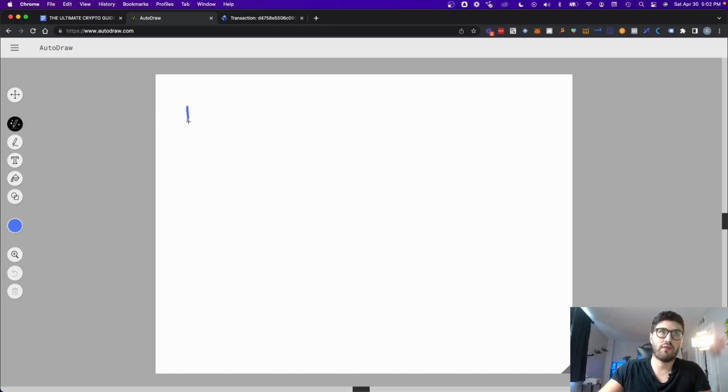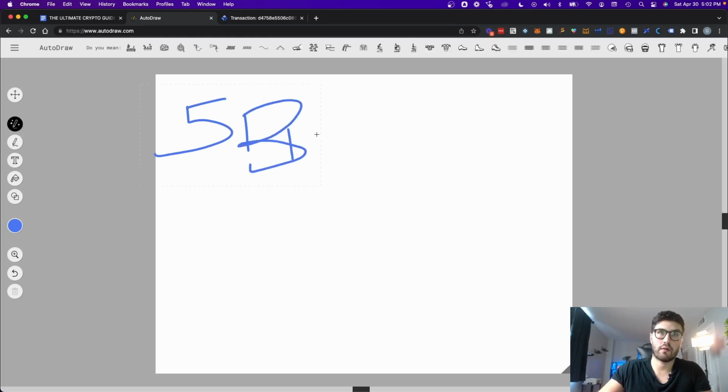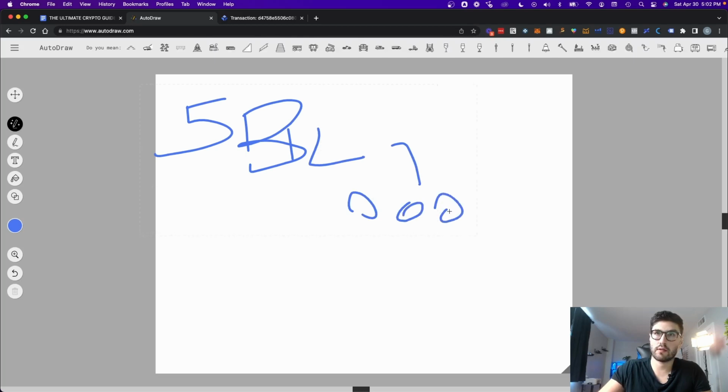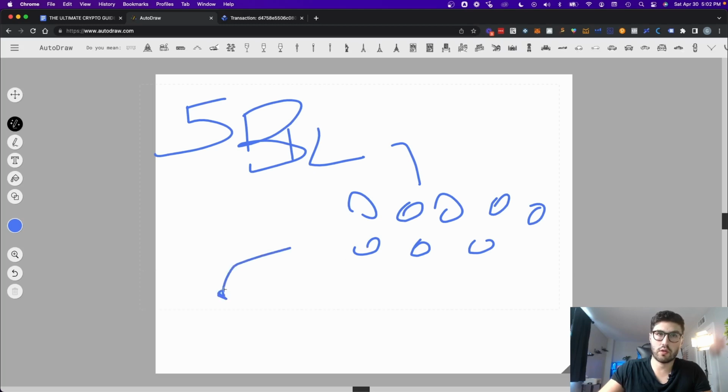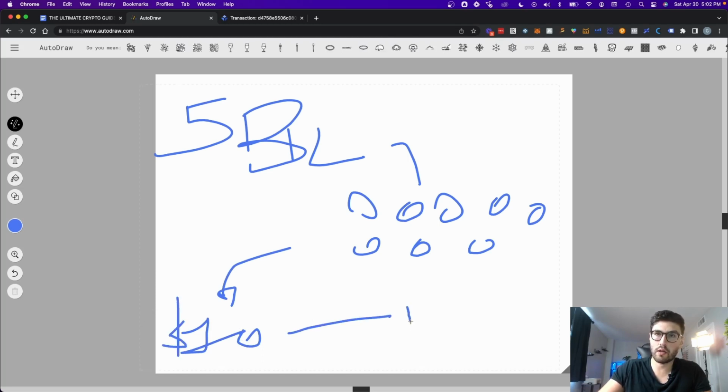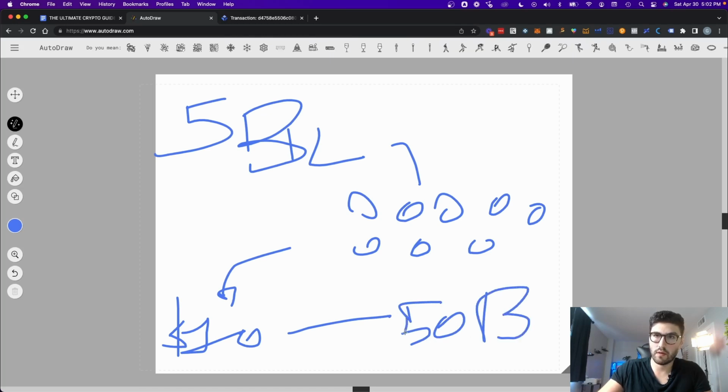So if you have 5 billions with the B of these tokens in circulation, in order for this token to reach $10, $50 billion will need to flow into this token in order to reach $10, okay?